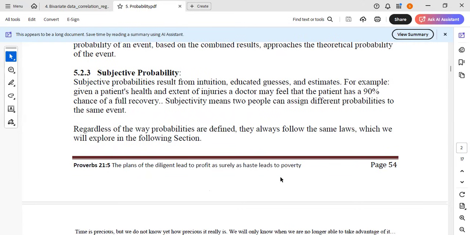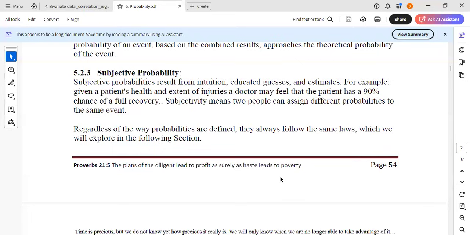Maybe from previous work, previous studies, previous experiments, you are able to give a probability or a chance. So in the case of a doctor, they have seen many patients come in, say after an accident, and they assess your situation and tell you the chance that you're going to survive is this percentage.